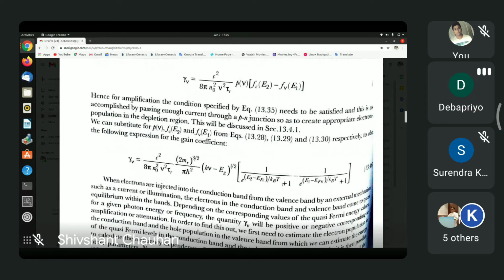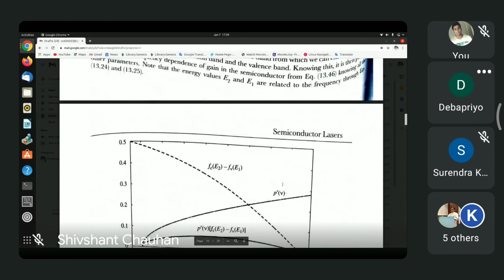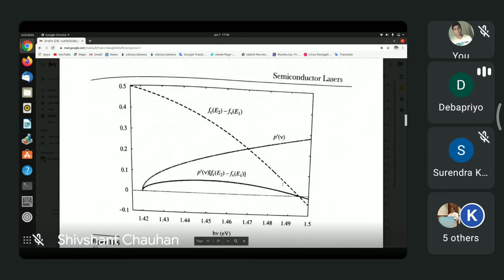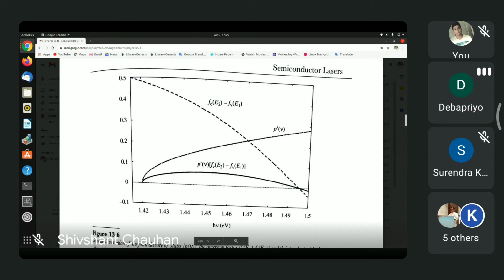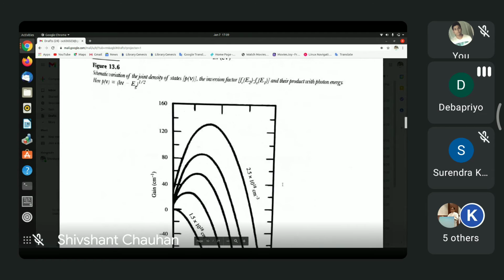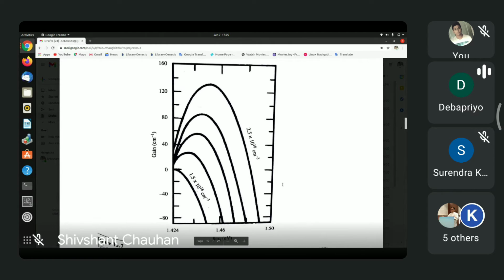Now, if you go to the next page, here they have plotted the various things. So let us move to the next diagram. Just scroll down. Yeah, here. Just stop.